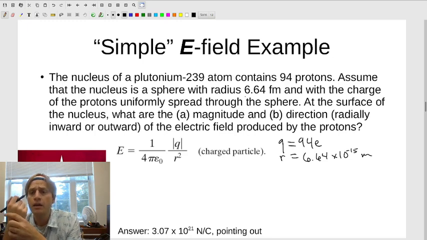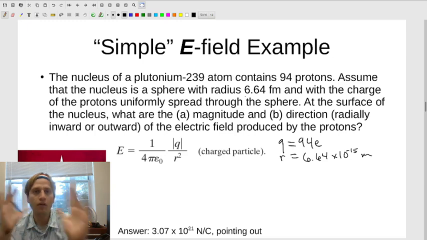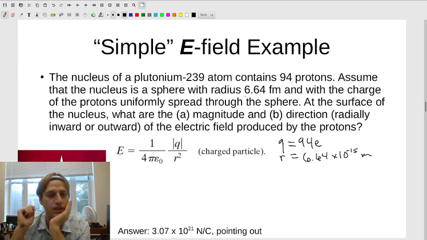It turns out that we're actually using one of the shell theorems that I mentioned on a previous video, which says that if you have all of your charge uniformly spread out about a central point, you can treat it all as being located at the center, the same way that we had a center of mass with respect to gravity.